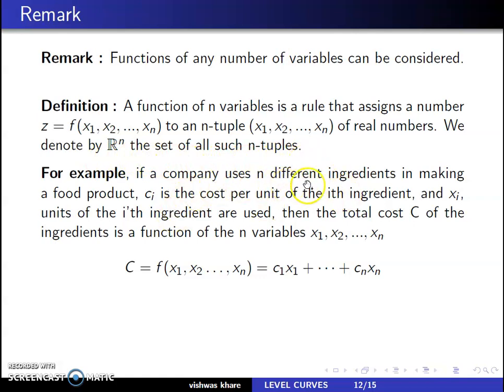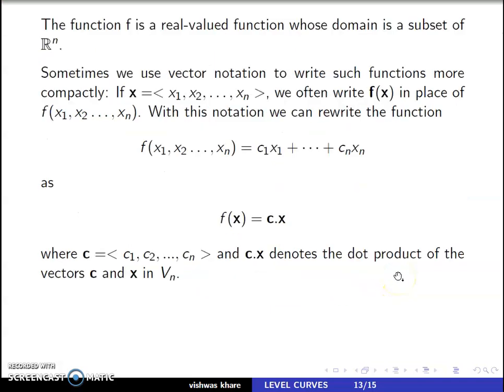Remark, if a company uses n different ingredients in making a food product, Ci is the cost per unit of the ith ingredient and xi units of the ith ingredient are used, then the total cost C of the ingredients is a function of n variables x1, x2, ..., xn, which is given by C is equal to f(x1, x2, ..., xn), which is by the equation C1 x1 plus C2 x2 and so on plus Cn xn.